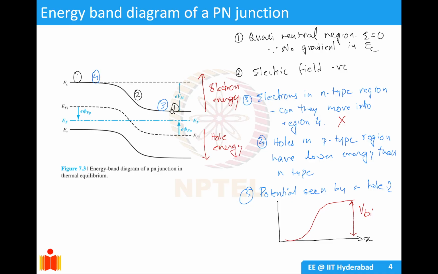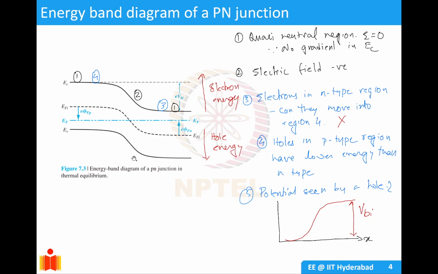So this is an n-type region, so you will have an excess of electrons in the conduction band, and this is a p-type material, so you have an excess of holes in the valence band. If the electrons want to move from here to here, they cannot move due to this huge barrier.